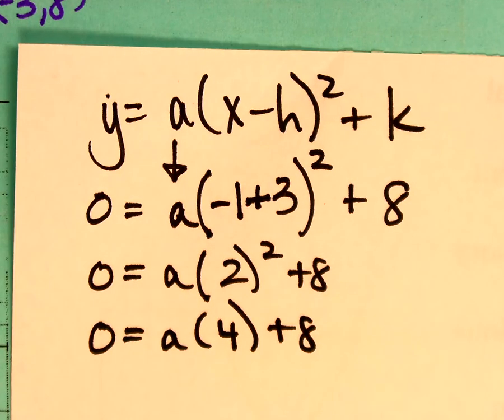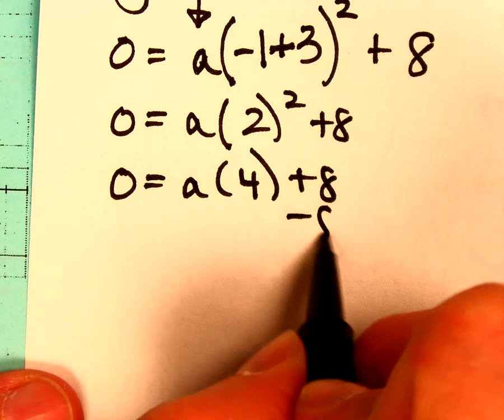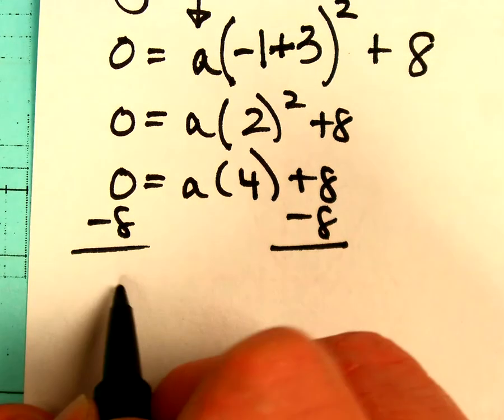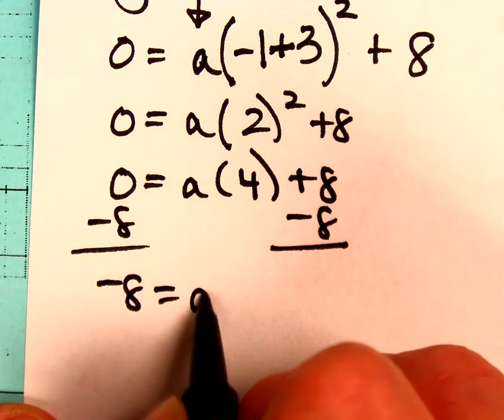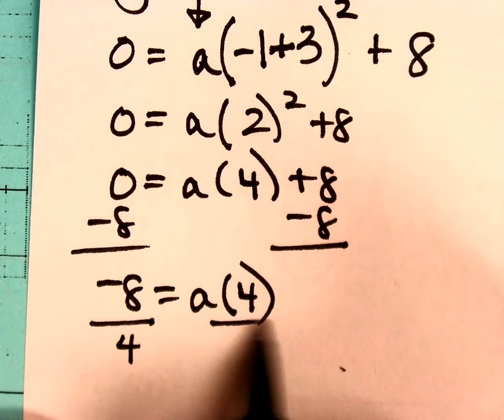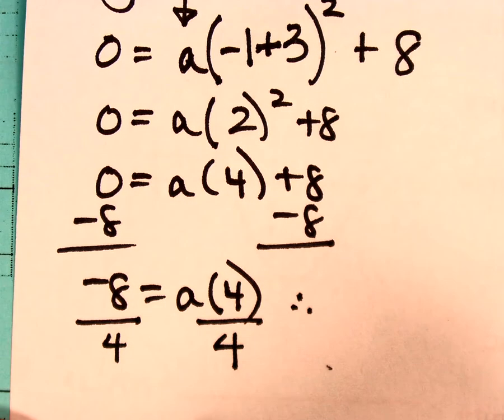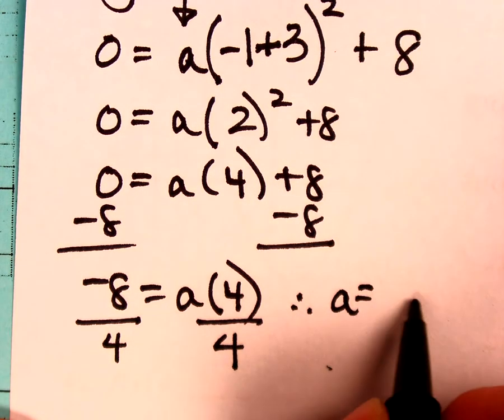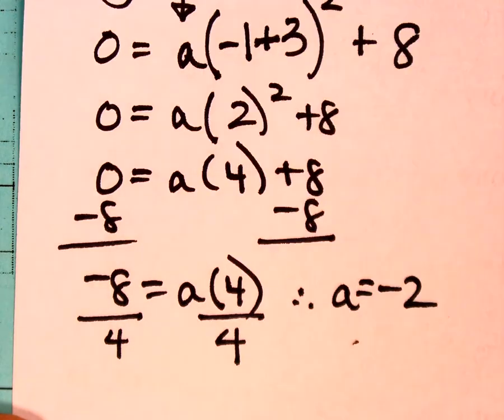If we are solving for A, we need to subtract 8 on both sides. Get negative 8 equals A times 4. And divide both sides by 4. Therefore, A equals negative 2.